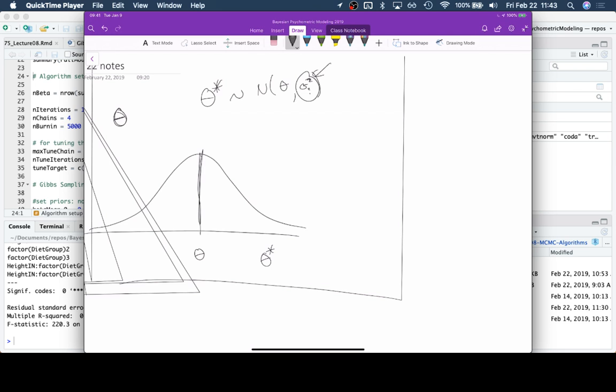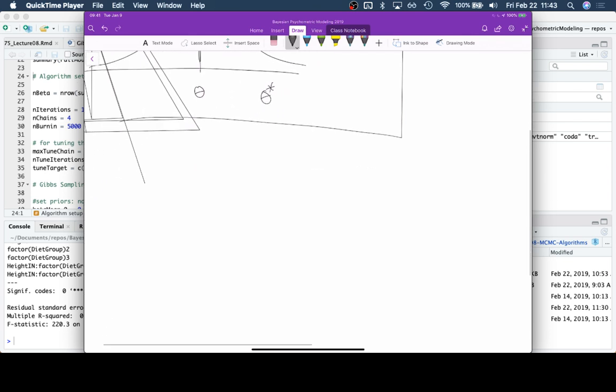If theta here was one of our betas, we could pick a sigma squared that's somehow related to the least squares value of its variance. We know the posterior distribution for it should have that shape. But the reality is it doesn't matter as much. It just matters that you can eventually get to where you're going. It just takes a little more time. It's efficiency.